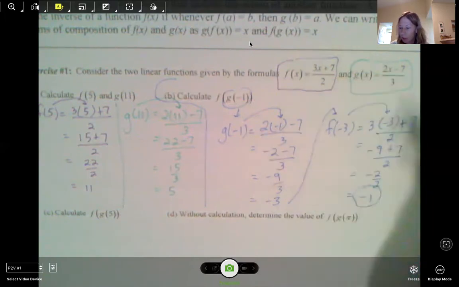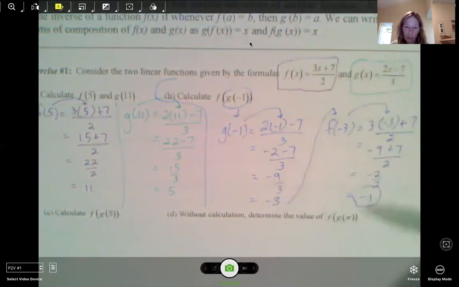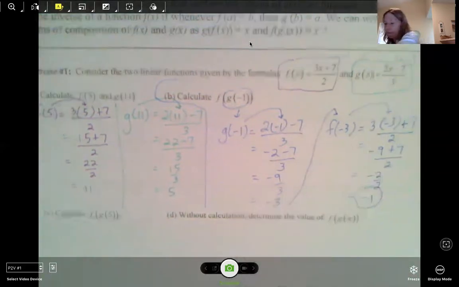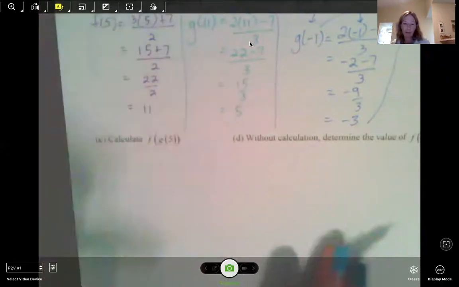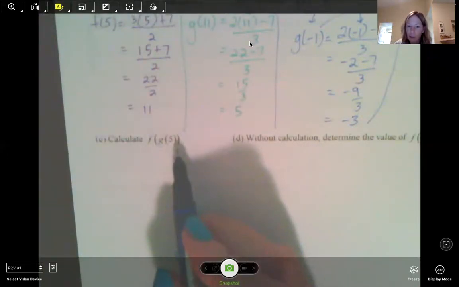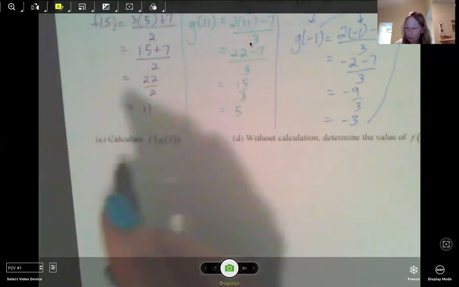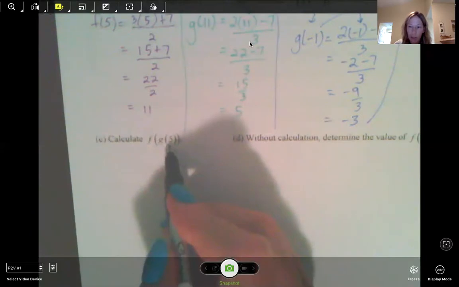So the shortcut is, if we know that two functions are inverses of each other, then when we see a problem like this, we know the final answer will be 5. If f and g undo each other, then our second answer, which is what counts when we do composition, should be the original input.